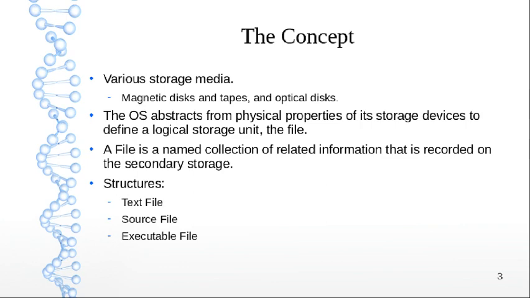Now, what is actually a file? A file is a named collection of related information that is recorded on secondary storage. Now, most students who studied in the 1990s as well as in the early 2000s are actually familiar with the file system.